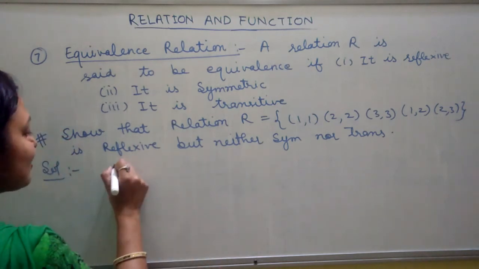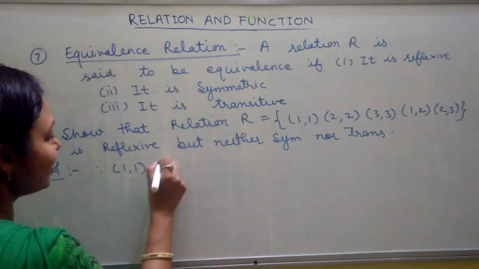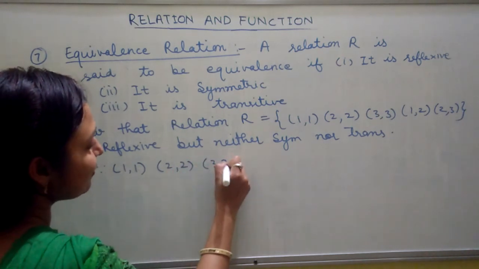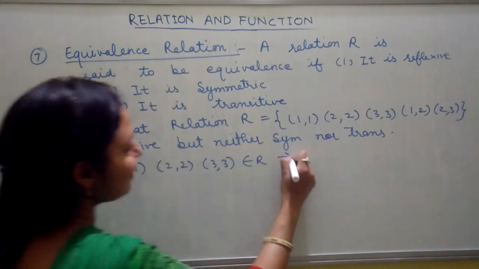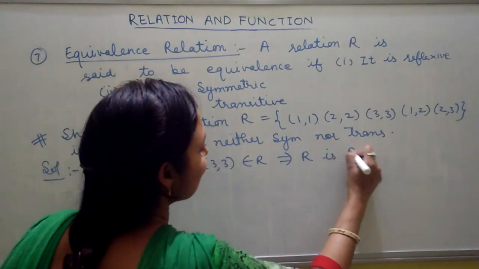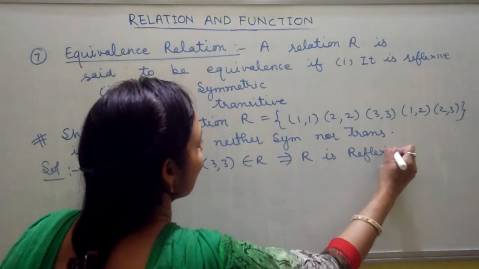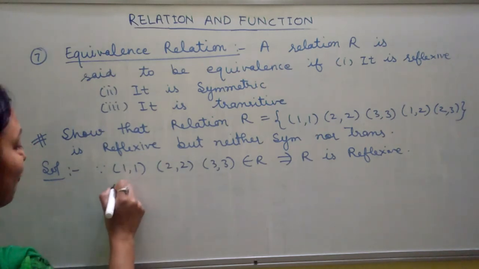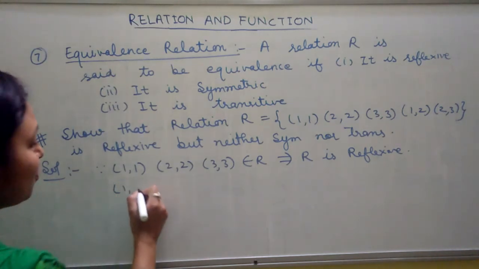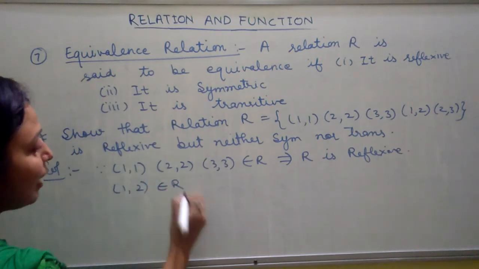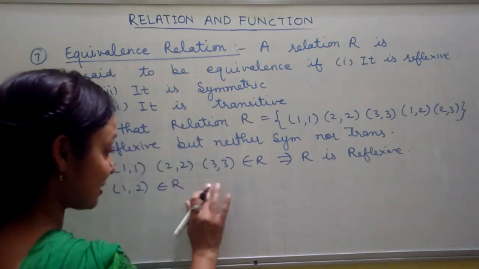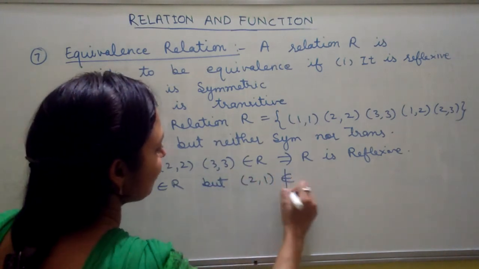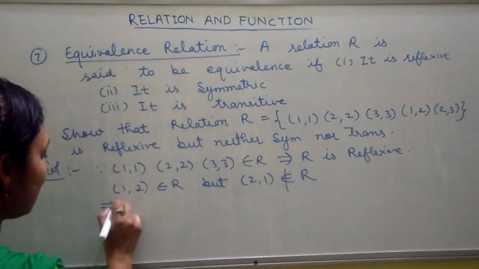Yes, R is reflexive because (1, 1), (2, 2), (3, 3) belong to R. This implies R is reflexive. Now next, (1, 2) belongs to R, but (2, 1) does not belong to R. Therefore, R is not symmetric.